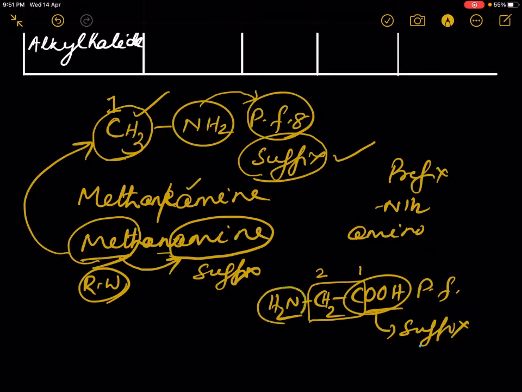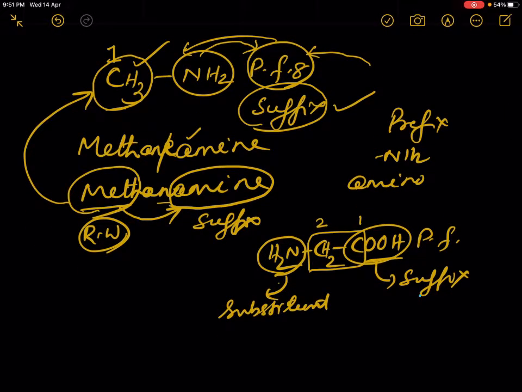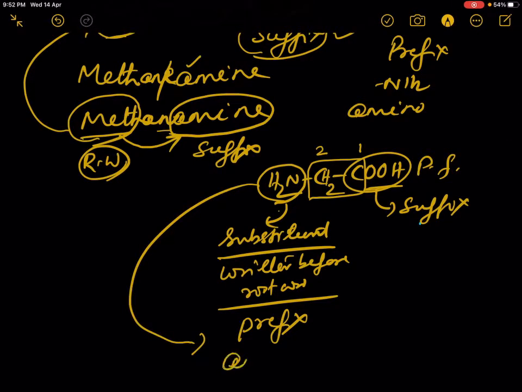Then this functional group is treated as a substituent. Here it is a principal functional group in this compound, but here it is a substituent, so written before root word. Before root word means it is a prefix. For NH2, the prefix is amino.